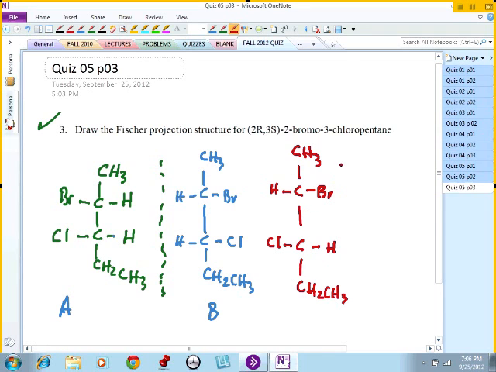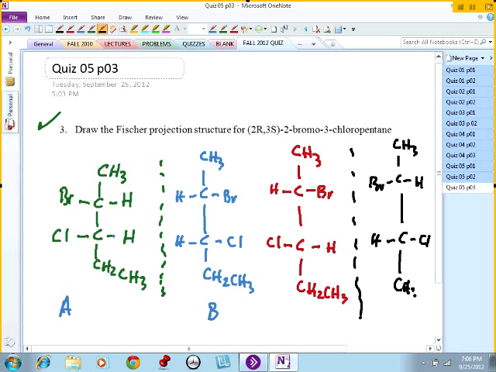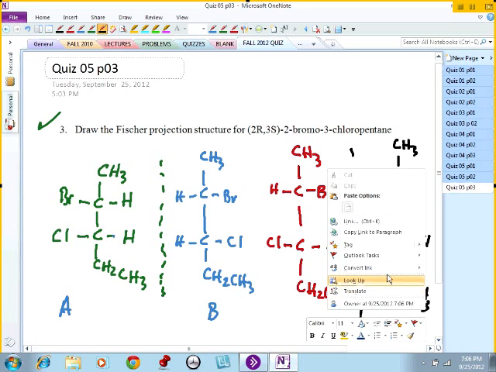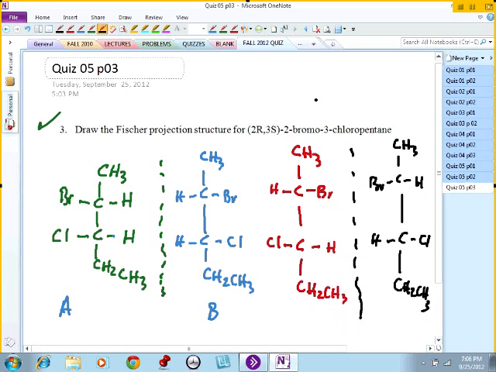What else do I need to do? I then write the mirror image of this. Let us call it molecule C, and molecule D.